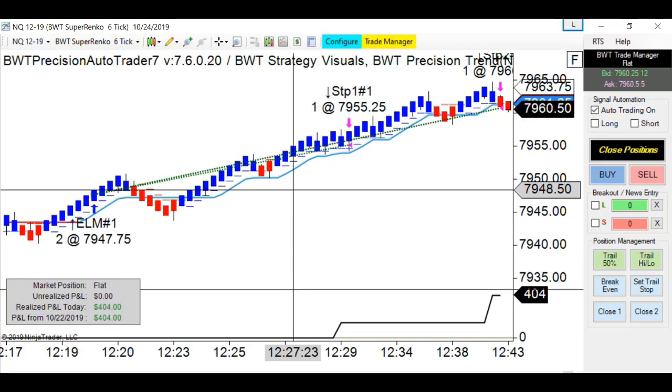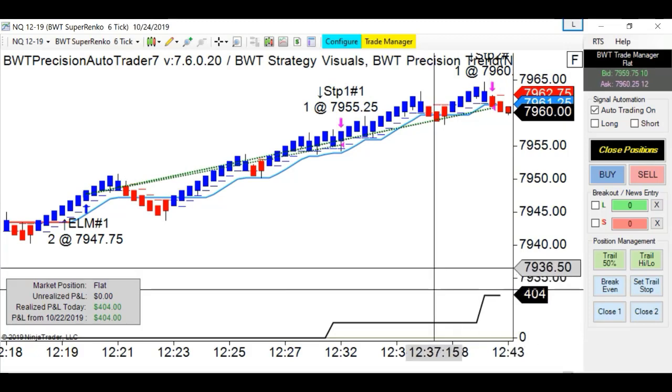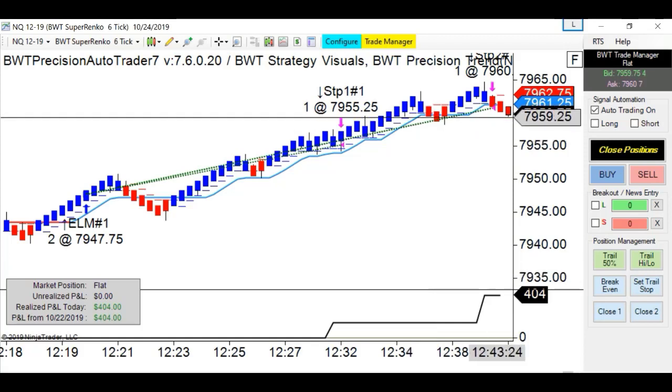All right, so I am out about $100 short of the daily target for this fourth account. So you know what? No hurry. I'm gonna wait. Definitely, I'm not gonna take a long right into that resistance area.